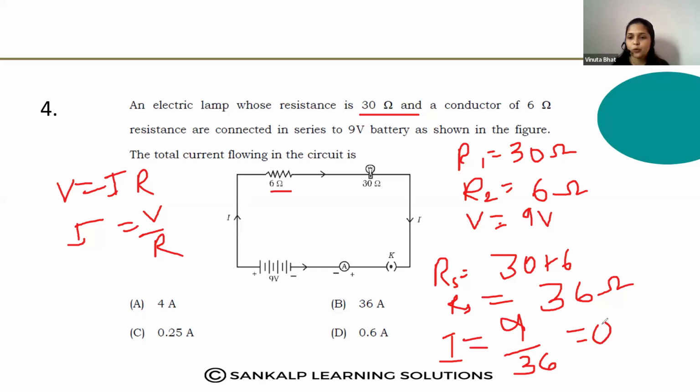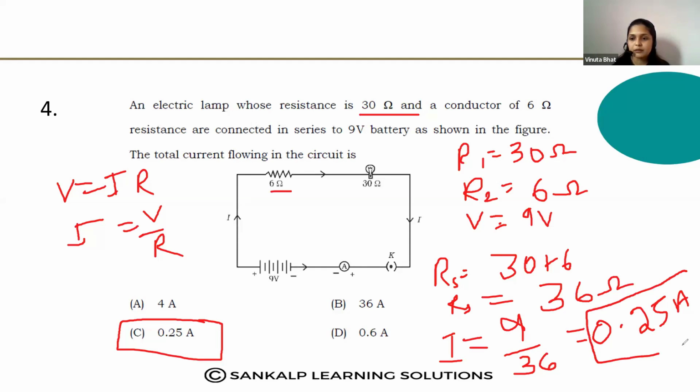That is equal to 0.25 ampere. So here option C. The current flowing through the conductor is 0.25 ampere. Option C is the correct answer.